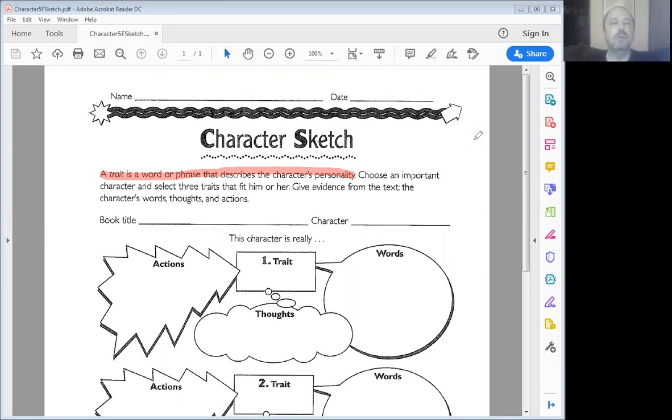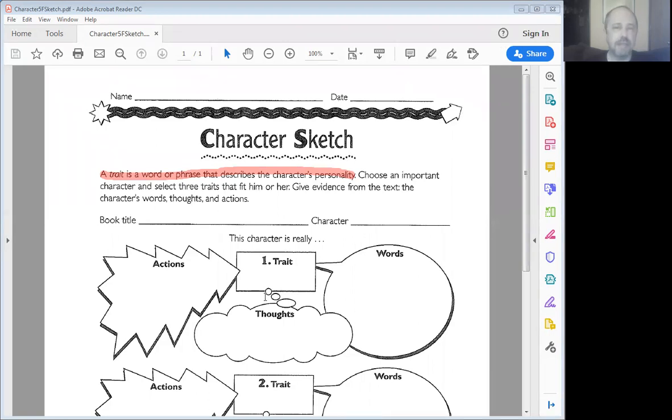So what you do is you select an important character. In this case, I selected one for you, Tom Sawyer, and you go through the book up to the point in time where I've asked you to have read, which through today you should have read chapters 1, 2, 3, 4, and 5. And then we find evidence in the text that shows what kind of person Tom Sawyer is.